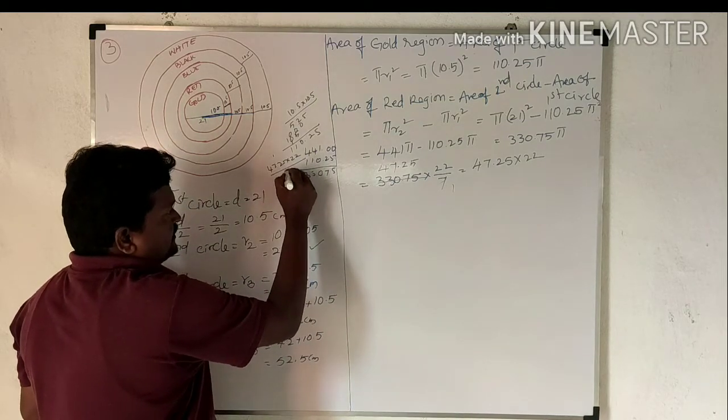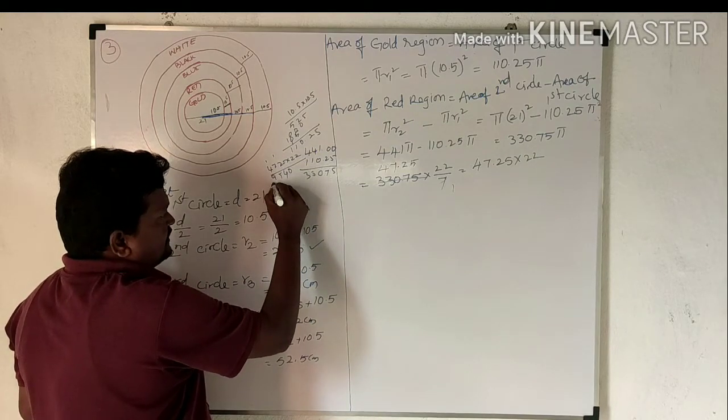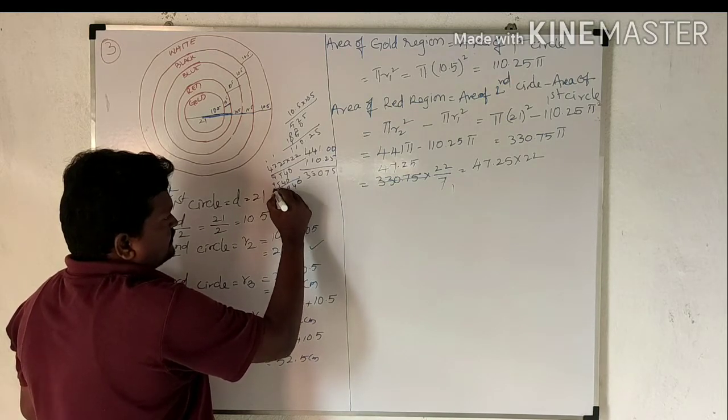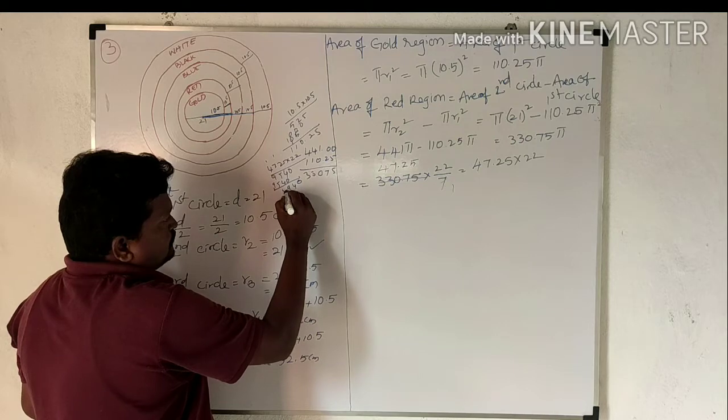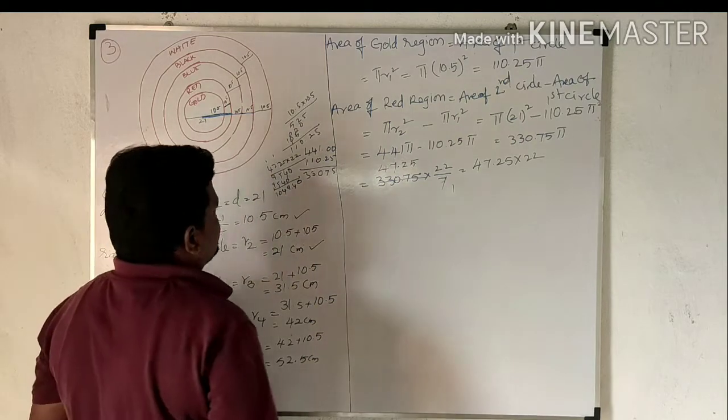Multiplication: 2 fives are 10, 2 twos are 4, 2 sevens are 14, 15, 2 fours are 8.